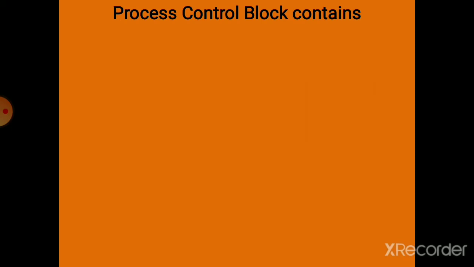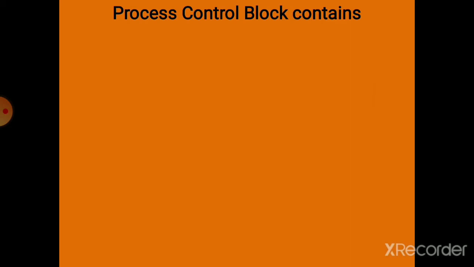Next we'll see what the process control block contains. The information related to the process will be stored in the process control block. What information is related to a particular process will be stored in this PCB. What does the PCB actually contain?